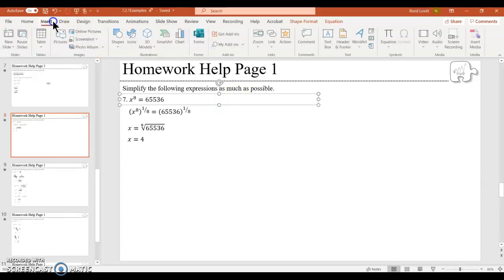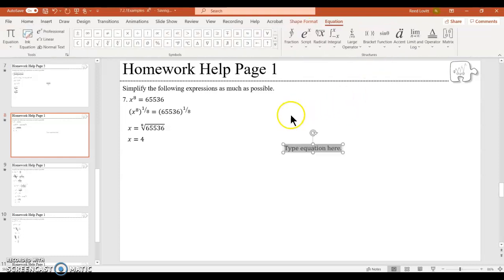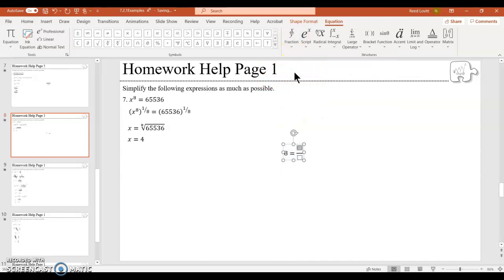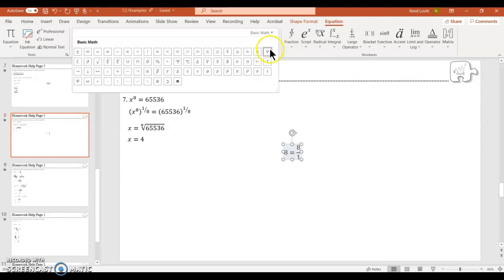So for instance, let's see here. We could say 8 is the same as 8 over 1, which becomes... where's that arrow?